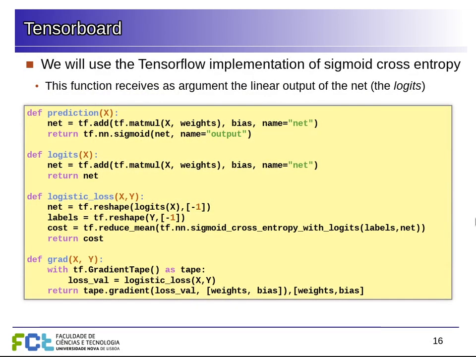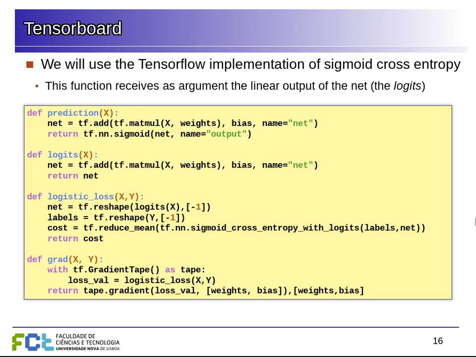So in TensorFlow you have this sigmoid cross entropy with logits. You see the cross entropy appearing all the time, but it's the logistic loss with logits. The logit is the value that is the input to the sigmoid function.